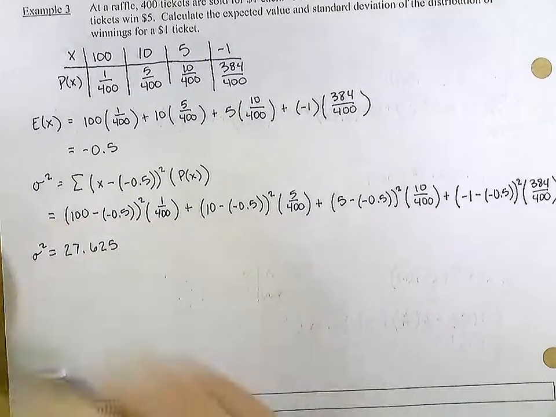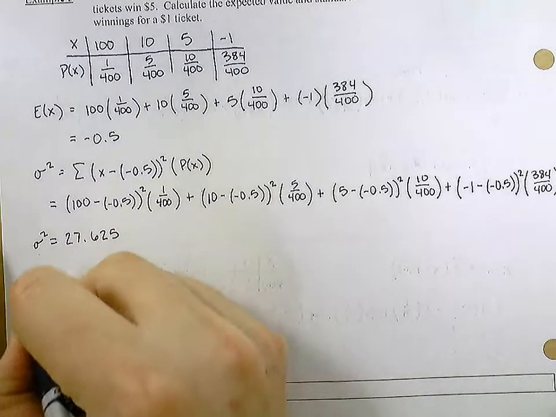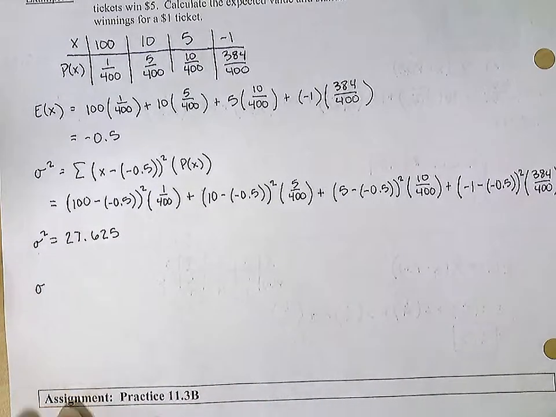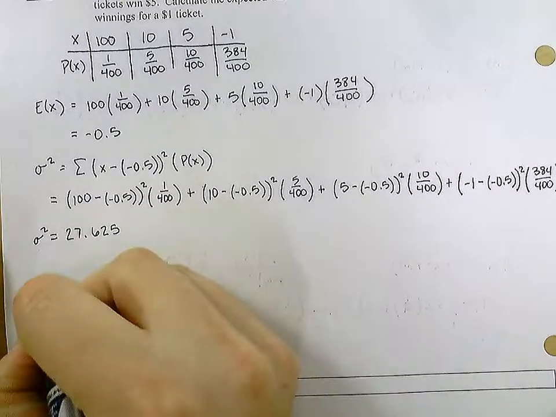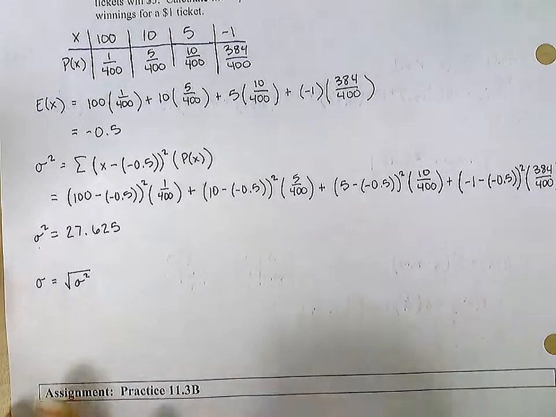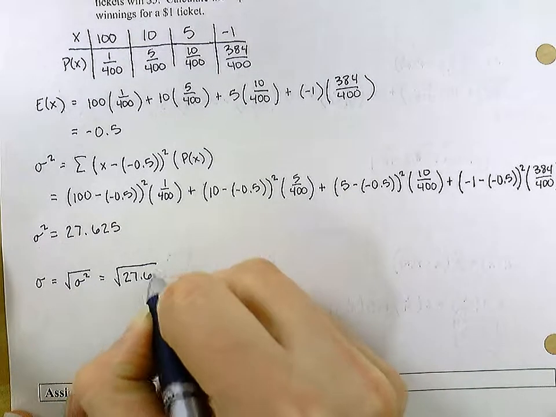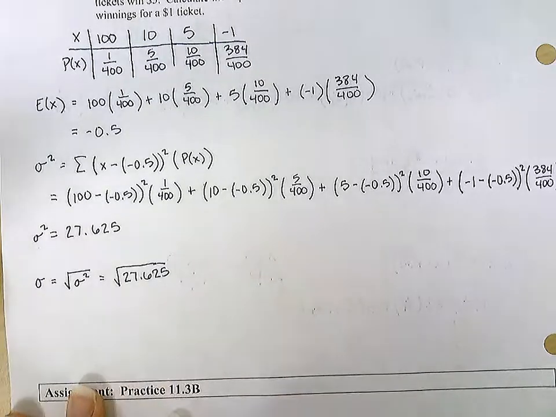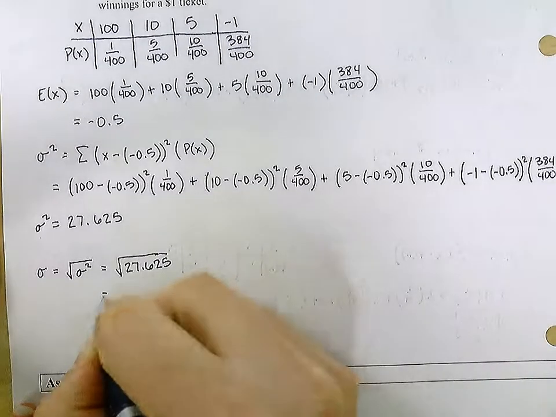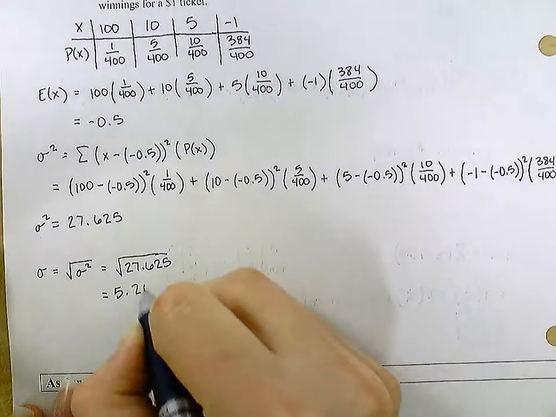Okay, so since this is sigma squared here, to find the standard deviation, which is just sigma, you have to take the square root of that variance. Okay, so I'm taking the square root of 27.625. I get a standard deviation of 5.26.